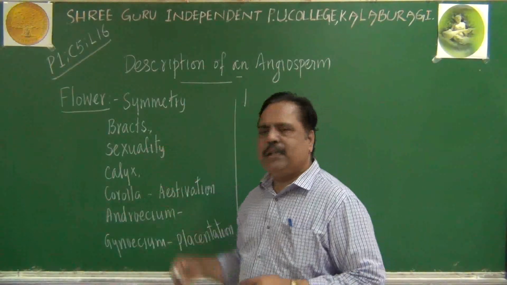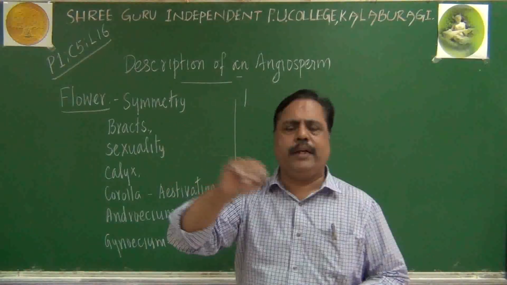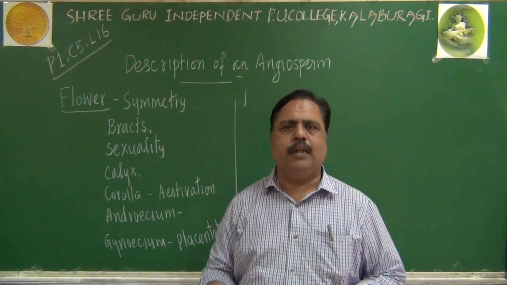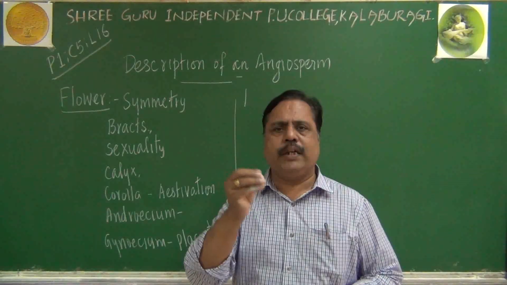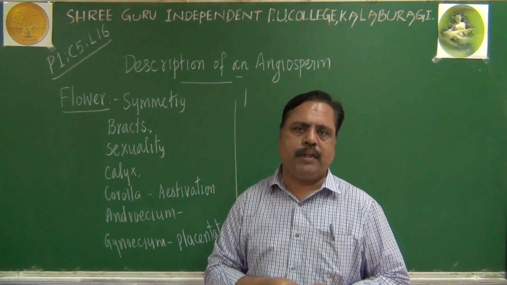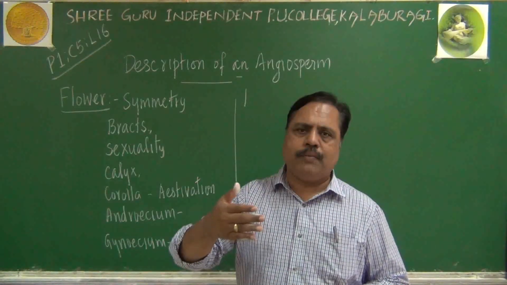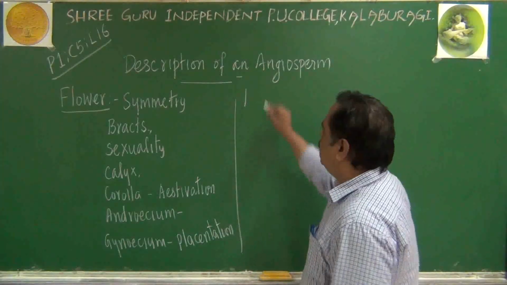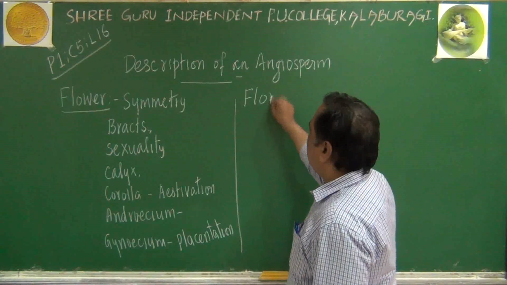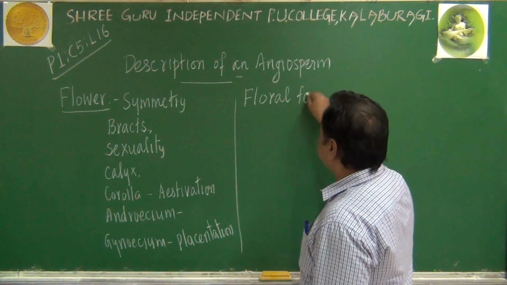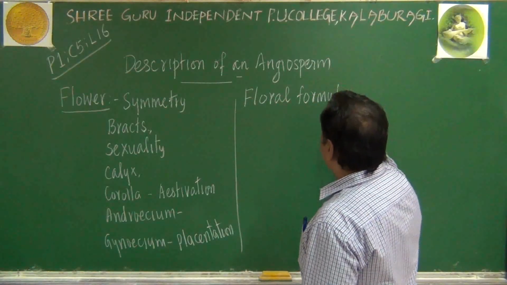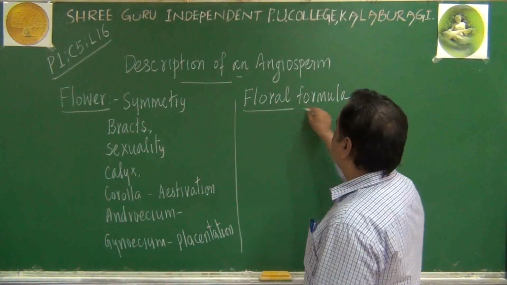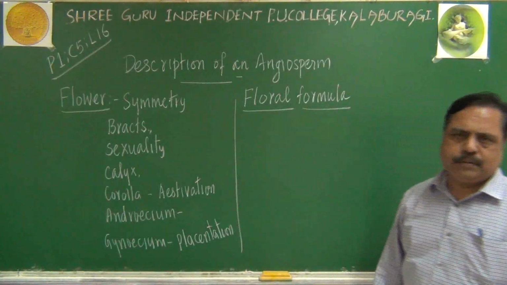A flower can be described not only by writing essays and other things. Even with symbols we can represent a flower scientifically. That type of symbolic representation of a flower is known as floral formula. We can use floral formula for describing a flower actually.